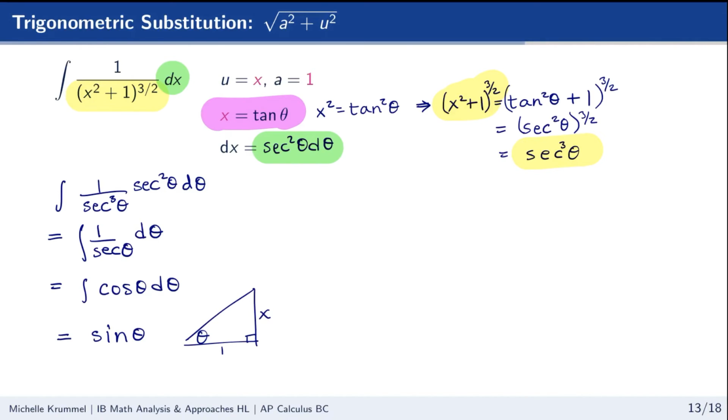So the hypotenuse is the square root of 1 plus x squared. Sine of theta equals opposite over hypotenuse. And then plus c. So x over the square root of 1 plus x squared plus c.